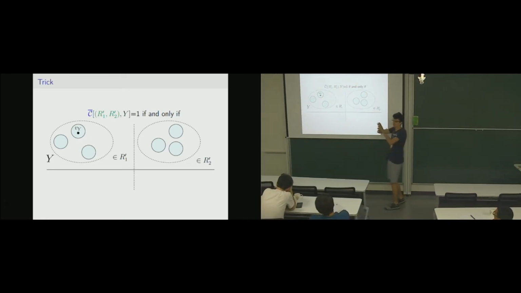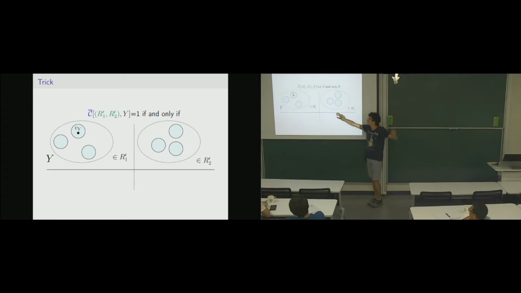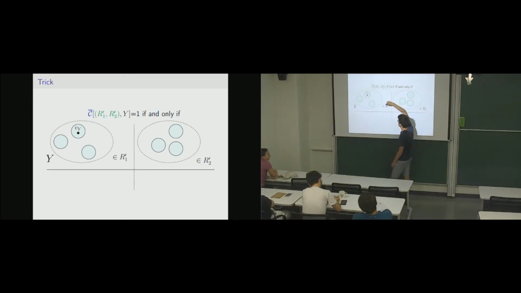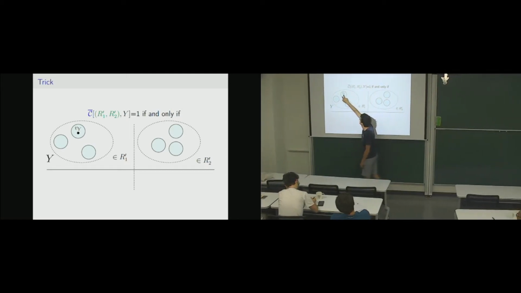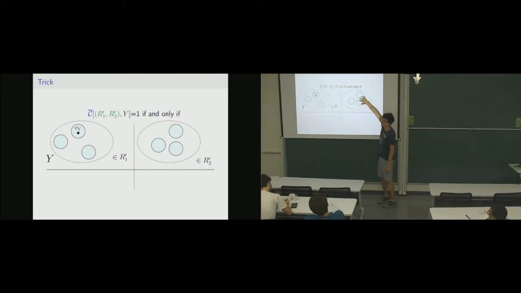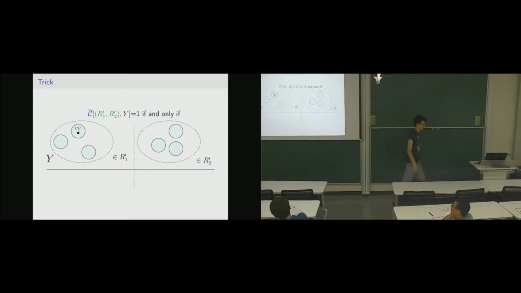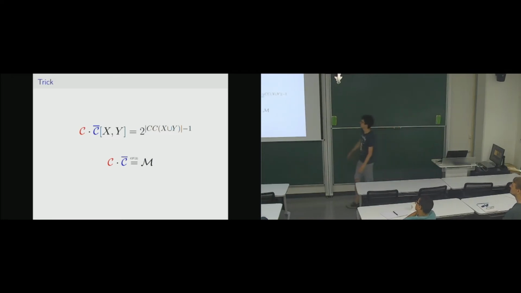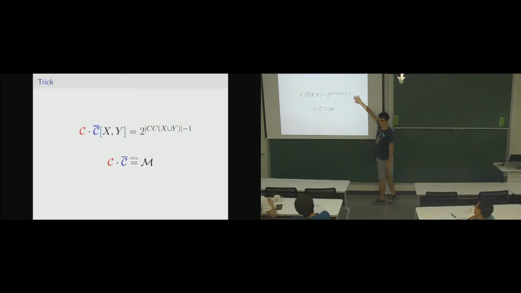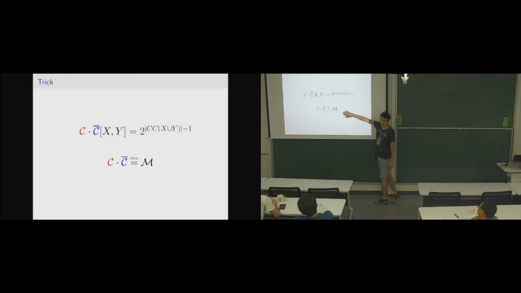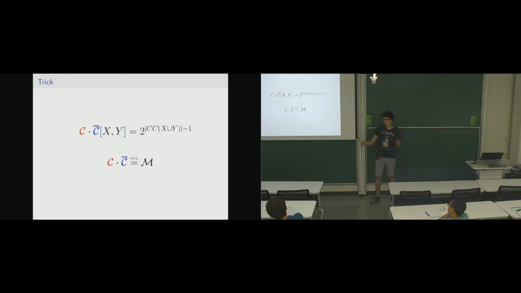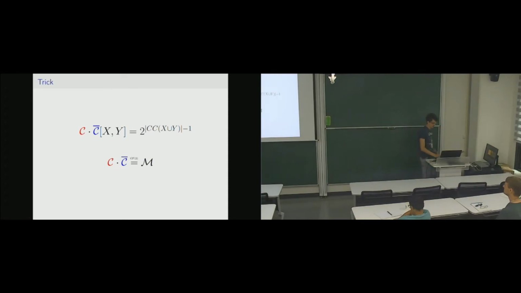I can split the connected components of Y in such a way that the union of these connected components belongs to R prime 1, and v_Y is here, and the union of the others is equivalent to R prime 2. With these definitions, I obtain this equality there. And this implies that a basis of C is an R prime representative set of S. And at the end, it's okay.